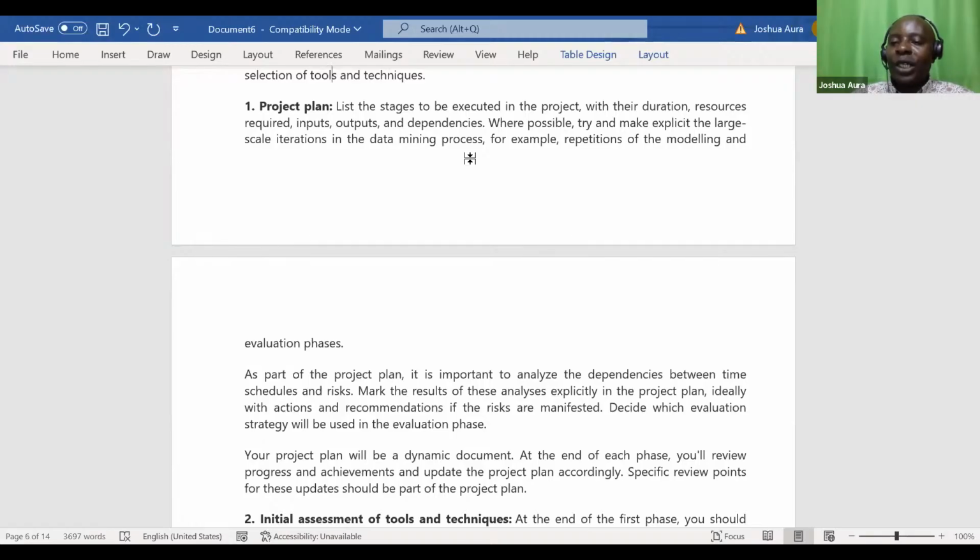As in quantitative analysis, come up with the activities, give us their durations. If you would want to even draw a Gantt chart, include resources required, inputs, outputs, and dependencies. Where possible, try and make explicit large-scale iterations.